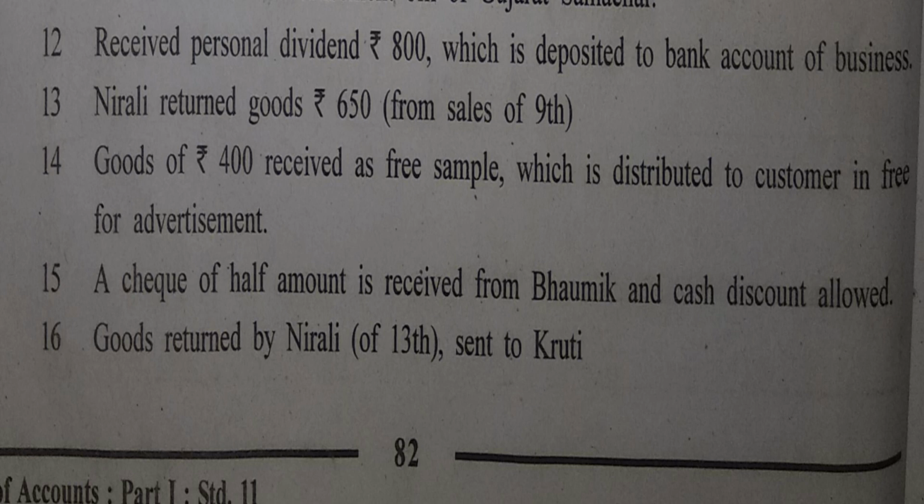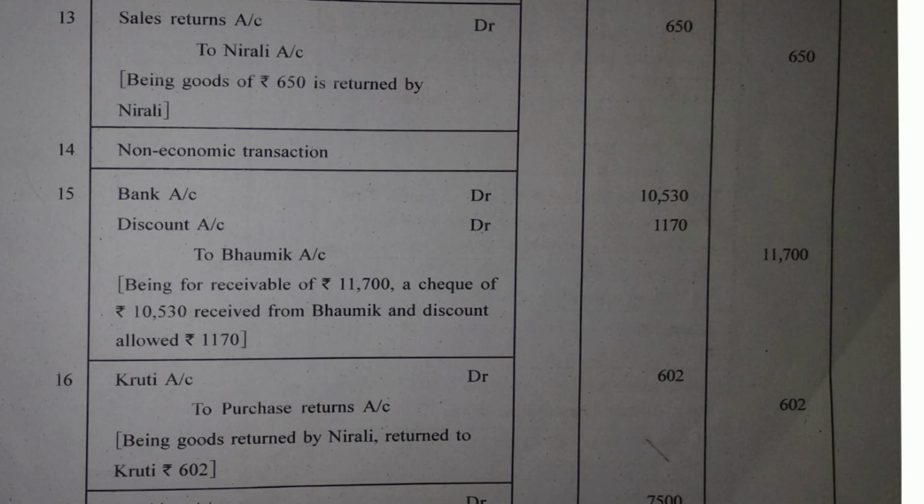And if you are receiving goods as sample, it is non-economic transaction for you and the expense for the other party. Here the thing is that you have received goods of rupees 400 as free sample and you have distributed the same to customer in free for advertisement. So this is non-economic transaction.